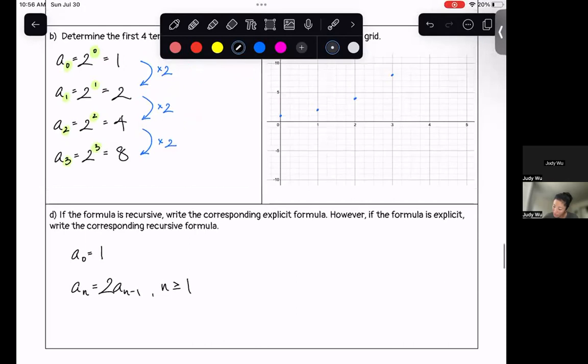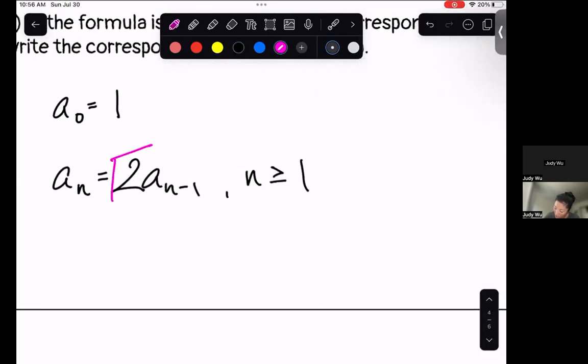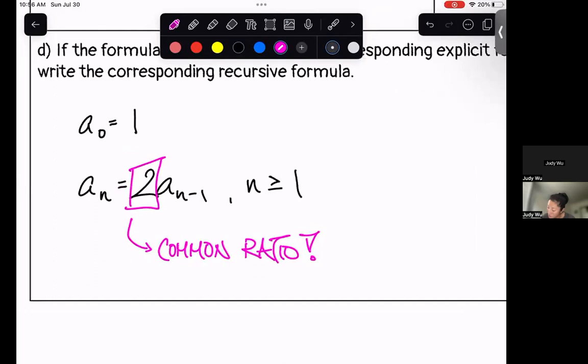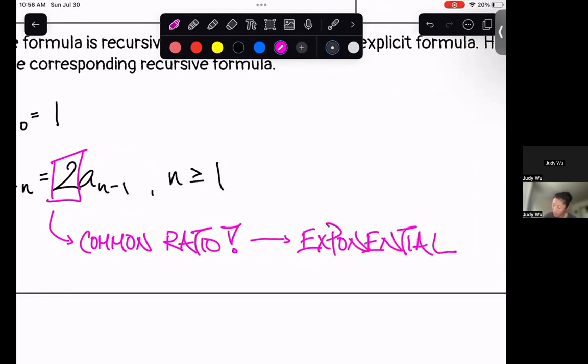So this, my friends, this times 2. So now we are not adding 2 or subtracting 2, but times 2. This is called a common ratio. And a common ratio implies that we will have an exponential shape.